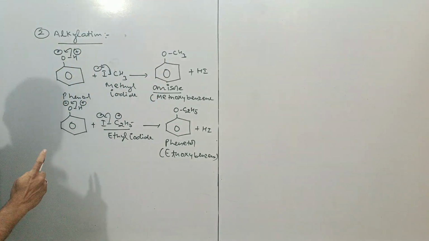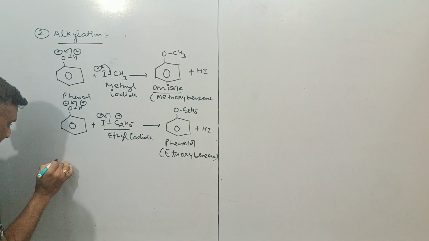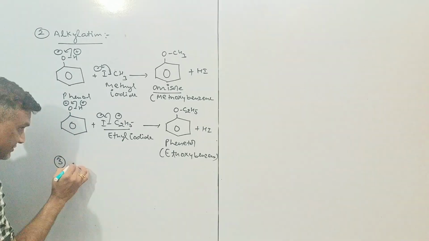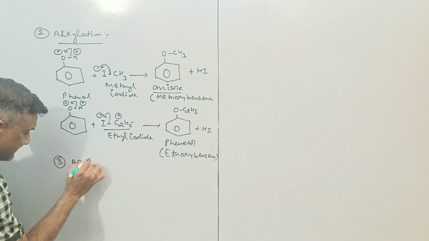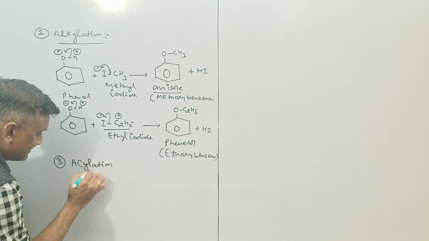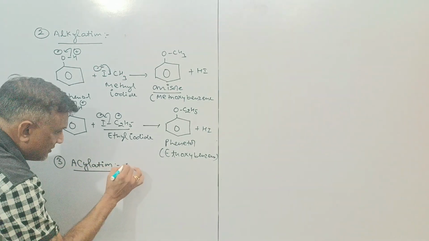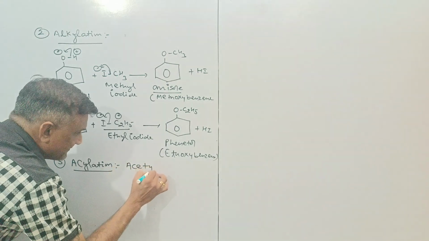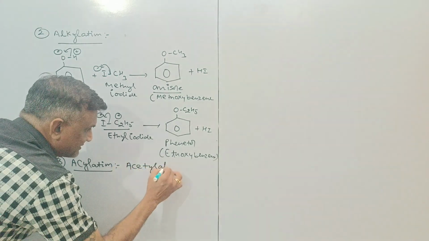Now it's time to discuss the third important property, that is acylation. Acylation is also called acetylation. Acetylation reaction.